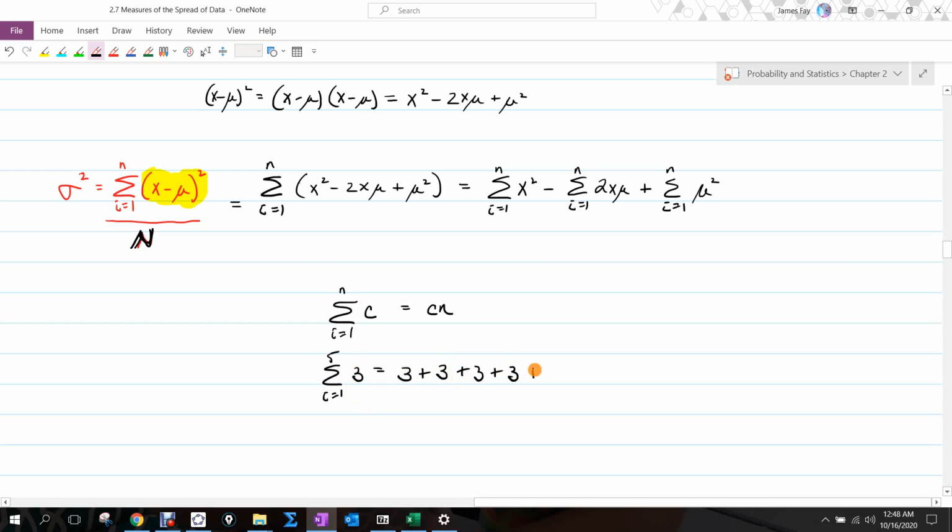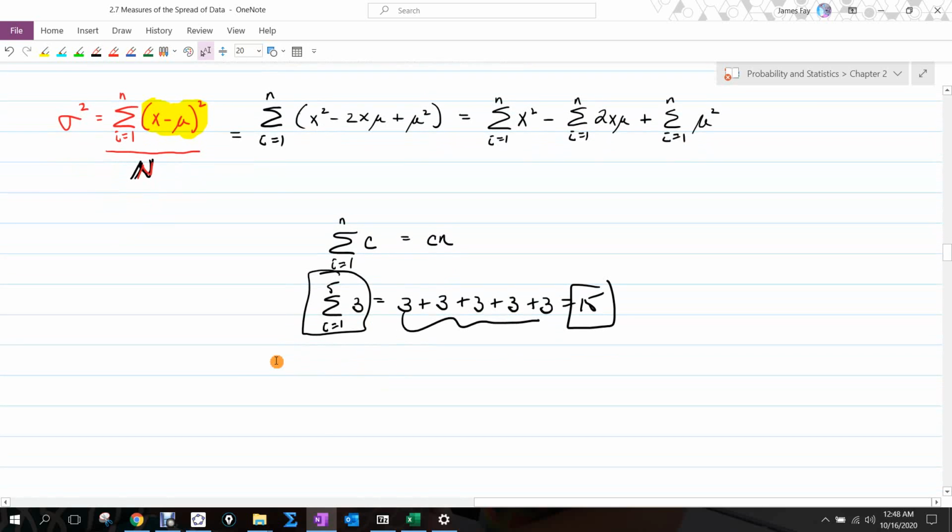The fourth term would be 3. The fifth term would be 3. And I'd stop there because I know I go to 5. And that gives me 15. Well, how can I go from this information straight to 15 without having to write all that in the middle? I just multiply those two numbers. I take these two, c and n, or in this case 3 and 5, multiply them together, and I get 15. Okay, so that's one rule that we're going to use here in a moment.